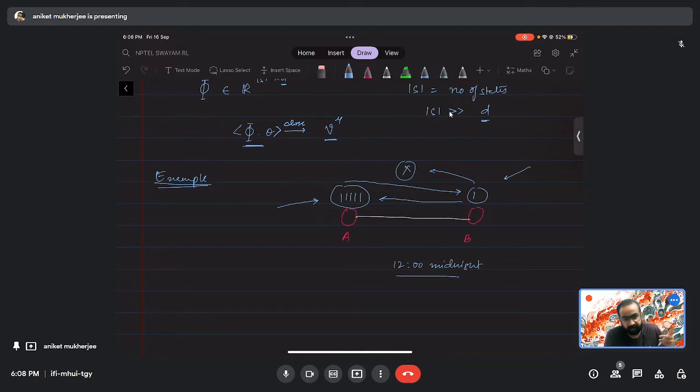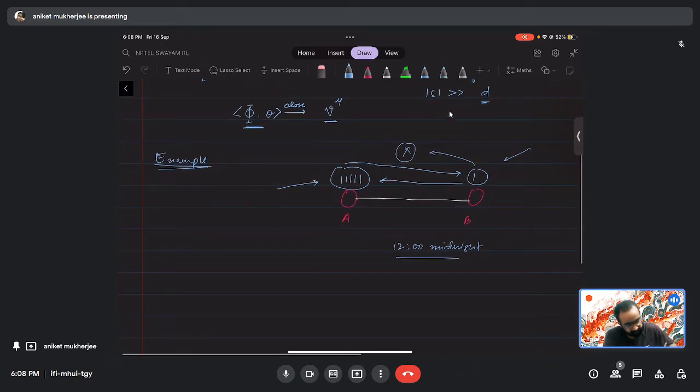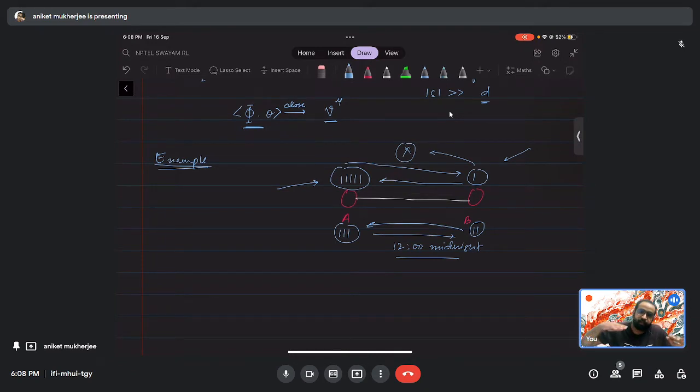Suppose at 12 midnight there were 3 cycles here and 2 cycles here. Do they want to keep it that way, or do they want to make some changes so that next day when the renting of cycles starts again, they don't have a situation where a customer comes and finds no cycle at his place.